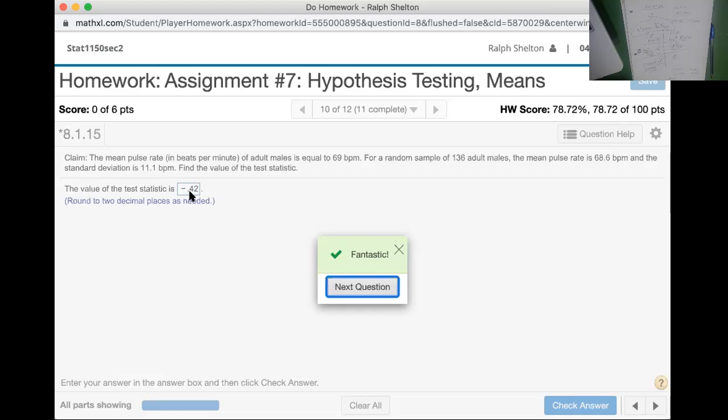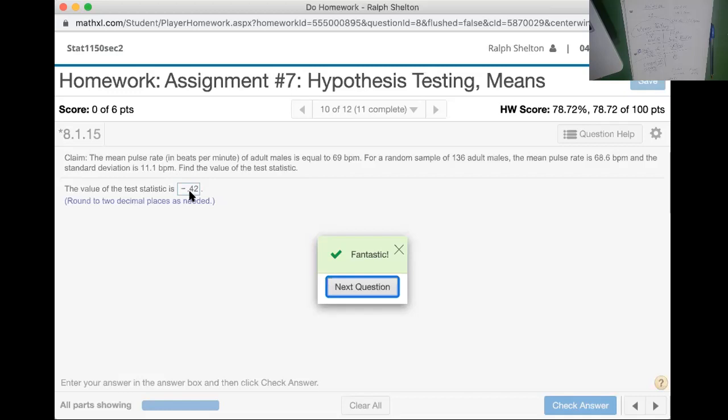So if you get a big test statistic value, and when I say big, I mean maybe greater than 2, or you start being concerned about it when you see 2, but a number bigger than that is considered a bigger value. It's more extreme. It's more standard errors away from the mean.